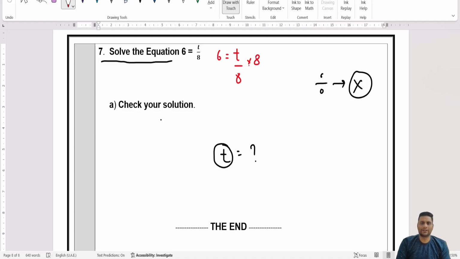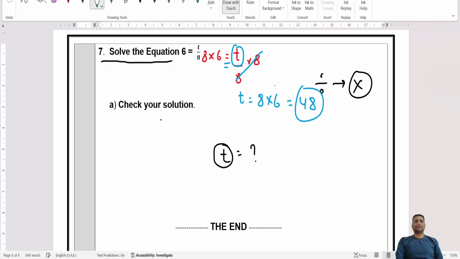Now if I multiply 8 on the right side, I have to multiply 8 on the left side also. Okay, same. Now you can see this is 8 divide 8, up and down, khalas, 1, no need to write down. What is left here? Only t equal 8 times 6. 8 times 6, 48. So my t is 48 here.